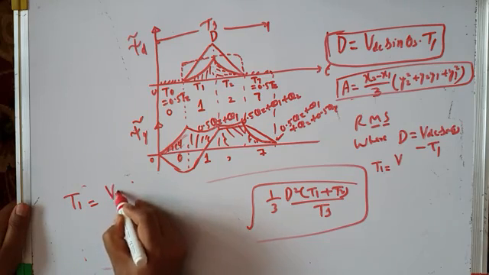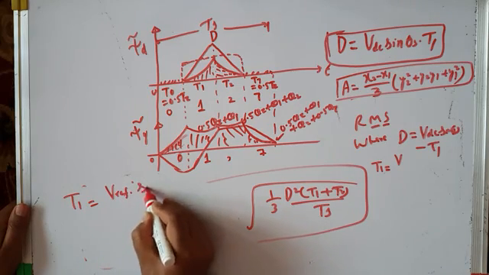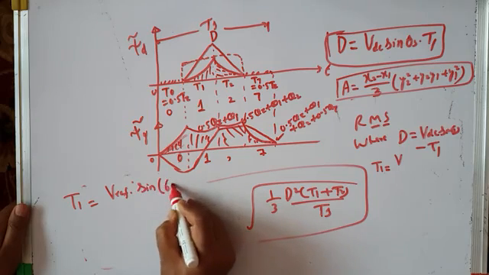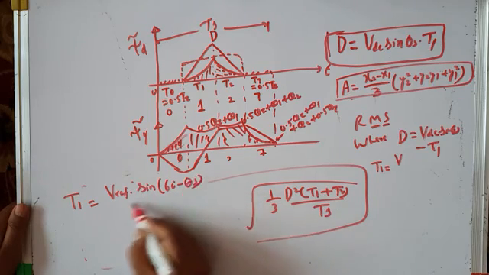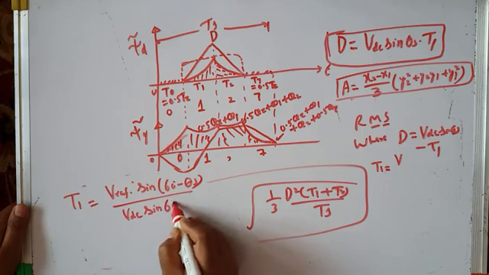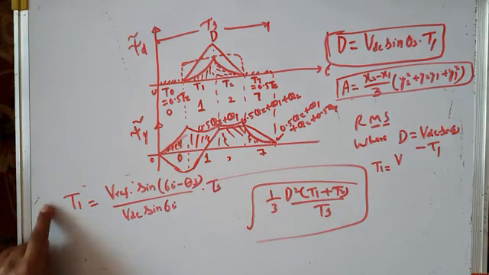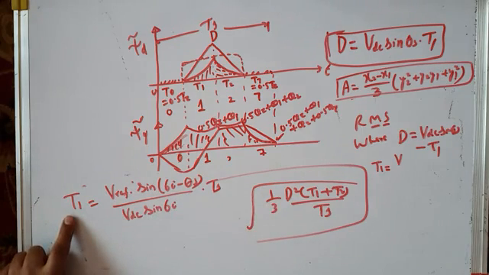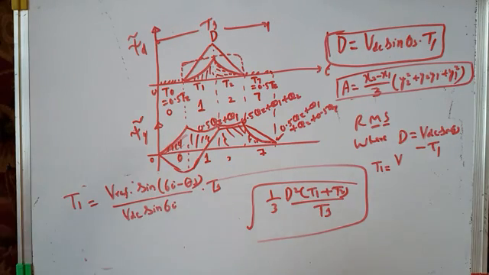It is Vref sine of (60 degrees minus theta s) by VDC sine 60 degrees into Ts. This is the equation for dwell time T1, which we have determined in one of the earlier classes.